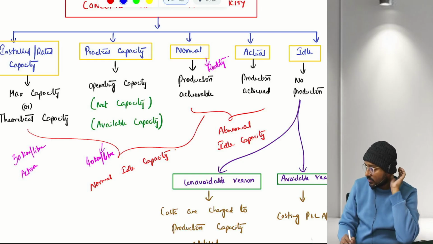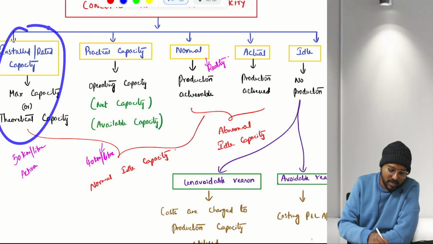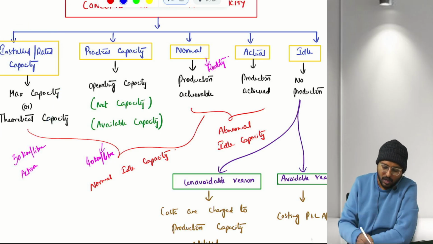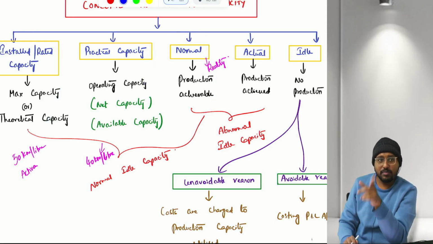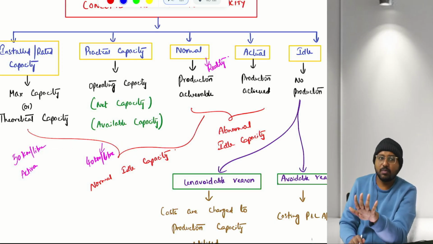Everybody? You understand what I'm trying to say? Again, I repeat. Installed or rated capacity is what? Theoretical. Anyway, that is not possible. Normal capacity is what has actually been achieved in real life. Yeah, exactly. Are you able to understand? Right? Therefore, the difference between these two has to be normal idle capacity.